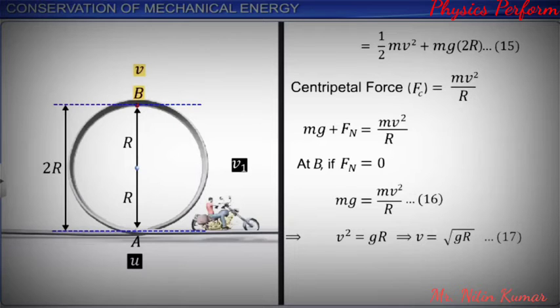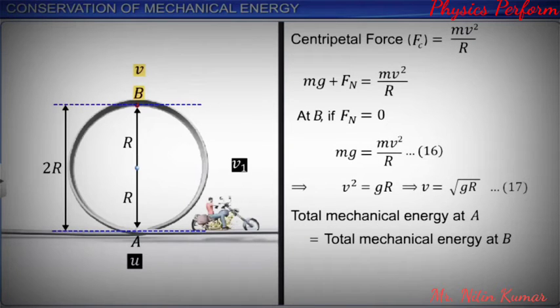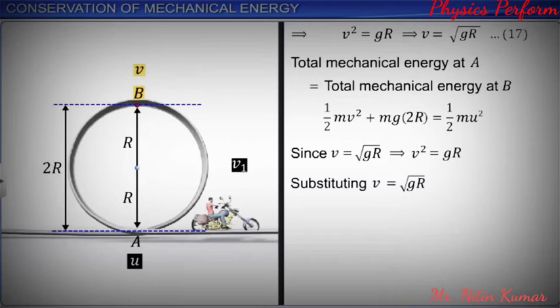According to the principle of conservation of mechanical energy, the total mechanical energy at A is equal to the total mechanical energy at B. Thus, half mv square plus mg into 2r is equal to half mu square. But since v square is equal to gr, substituting the minimum velocity at point B, v is equal to the square root of gr in equation 15, we get half mgr plus mg into 2r is equal to half mu square.